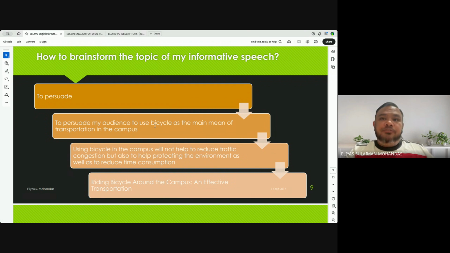Now, if you have been a full-time student in UiTM, I guess you should understand the situation here in the main campus in UiTM Shah Alam, especially when the semester is on, where we'll be experiencing devastating, mind-boggling madness of traffic jams in the campus.